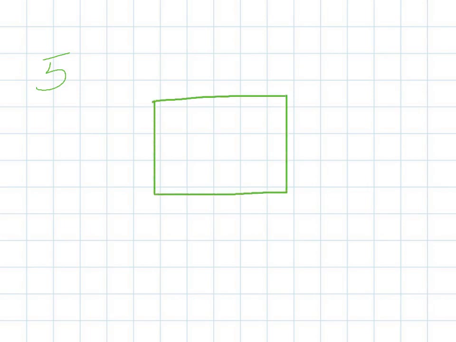Okay, we have one last type of problem, and then you guys will start working on your practice problems. So here's question number 5. And I'm going to draw a rectangle and give us some dimensions. So our rectangle is here. And our sides are 4x minus 6 and 3.